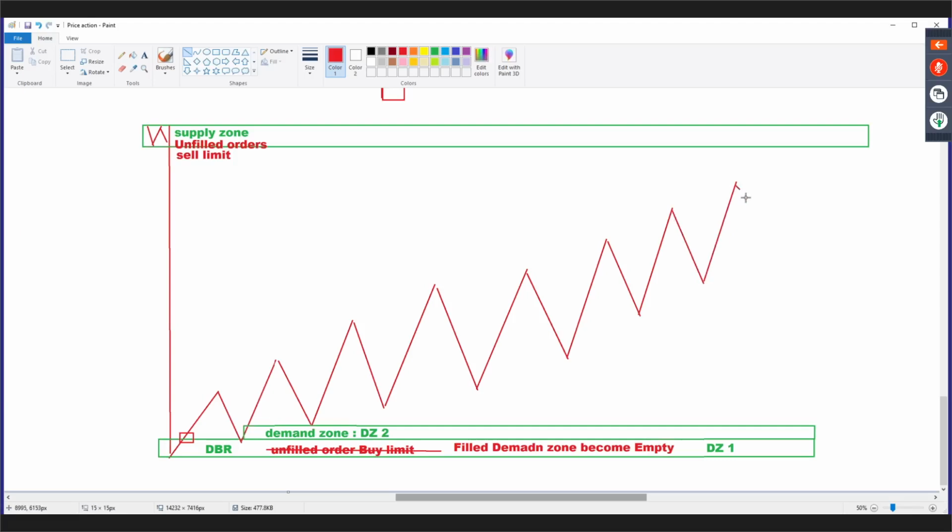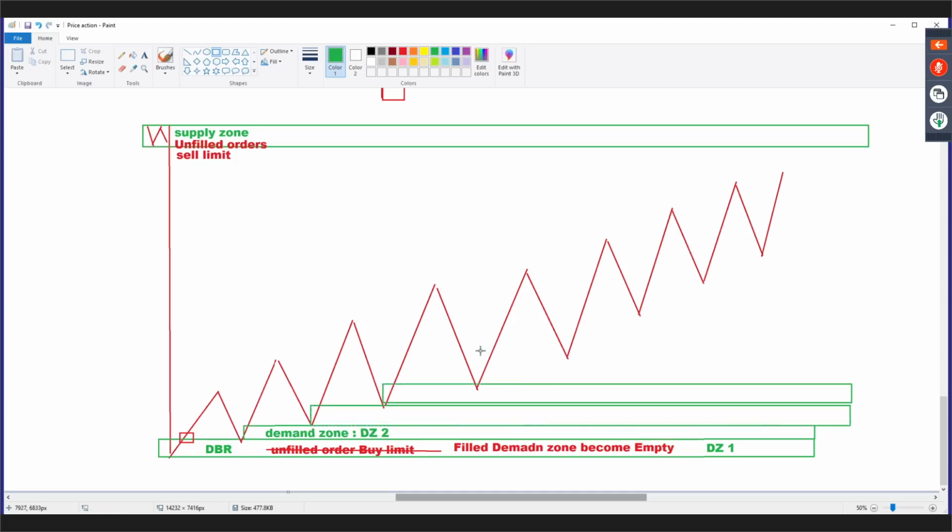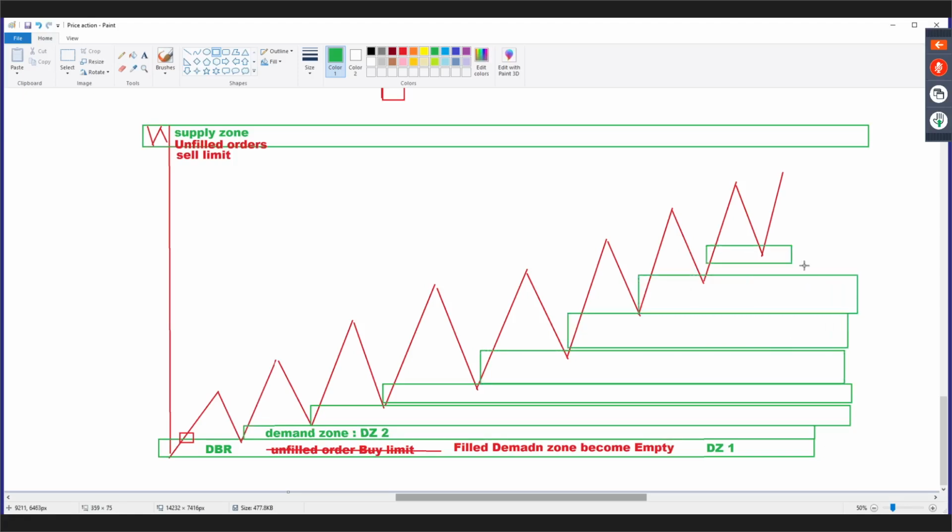While it is going up, what the price is doing is clearing the demand zone. We have demand zone number 2, number 3, number 4, number 5, number 6, number 7, number 8, and number 9.